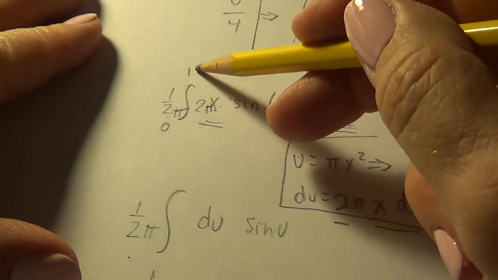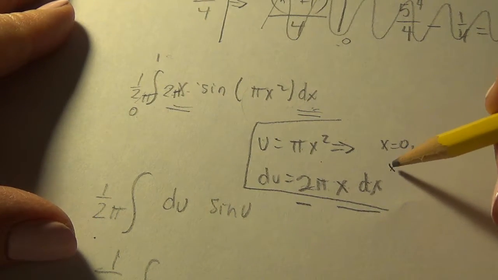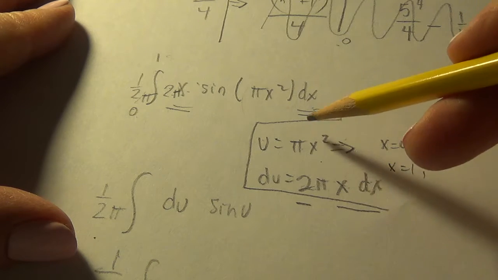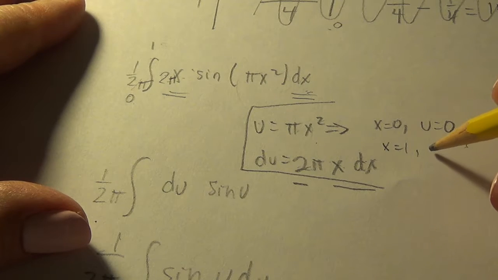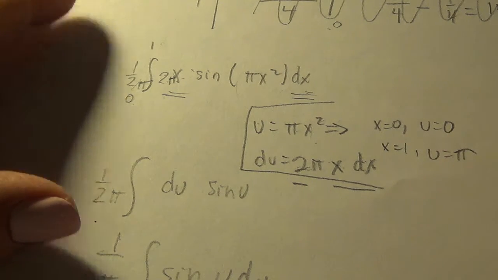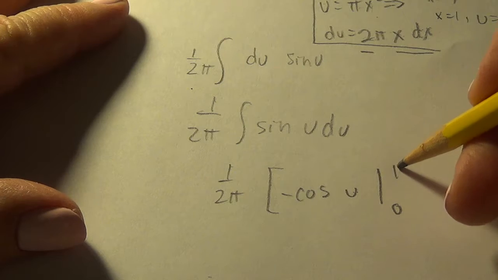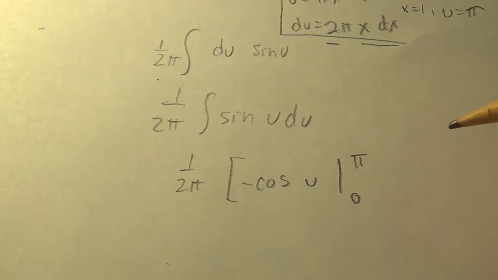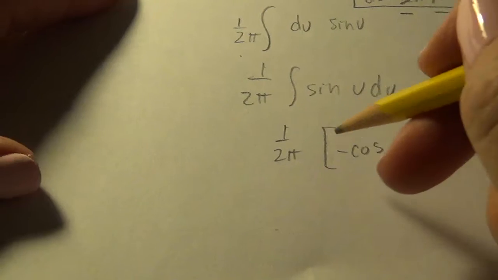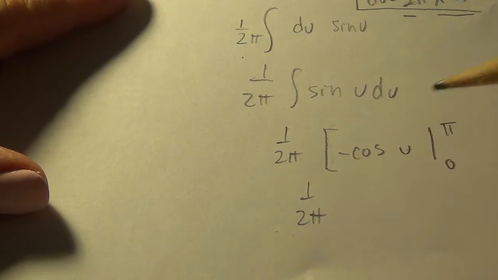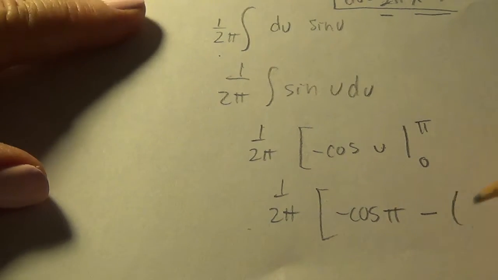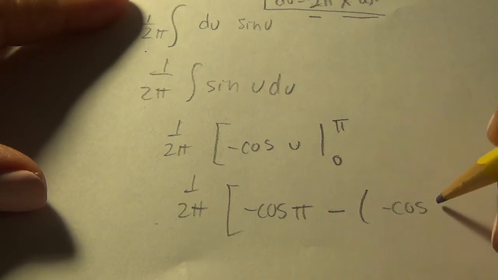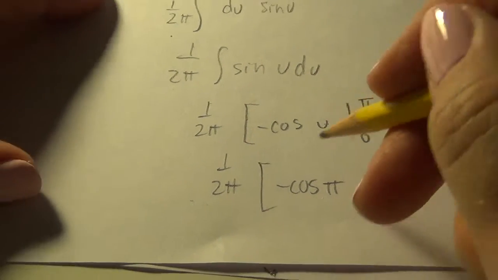And now the upper limit of integration is x equals 1. So what does u equal? I put x equals 1, 1 squared times pi, and I get u equals pi. So my upper limit of integration is pi. So let's do that. I'm going to get 1 over 2 pi, and I'm going to put in negative cosine of pi minus negative cosine of 0.